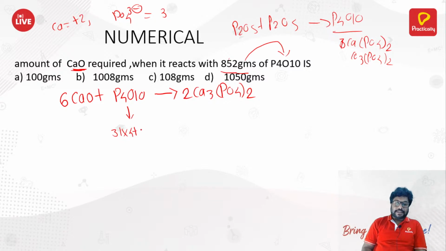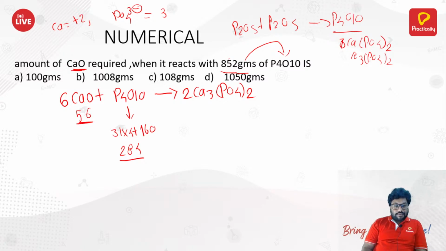It is 16. 16 into 10, 160. So 31 into 4, it becomes how much? It becomes 124. 124 plus 160 is equal to 284. 284 grams. And calcium oxide, the atomic mass of calcium is how much? 40. We just now saw, right, in the last numerical. 40 plus oxygen 16 becomes 56. Right?